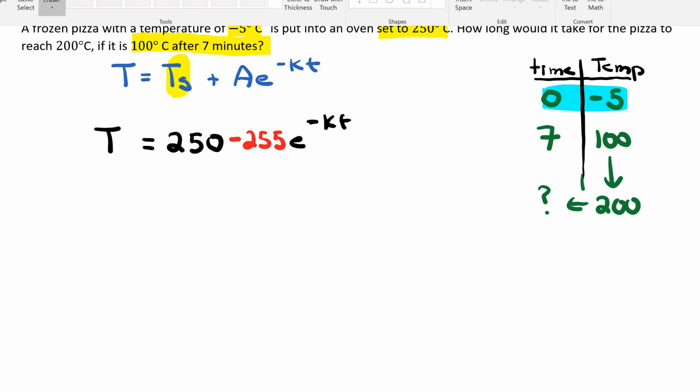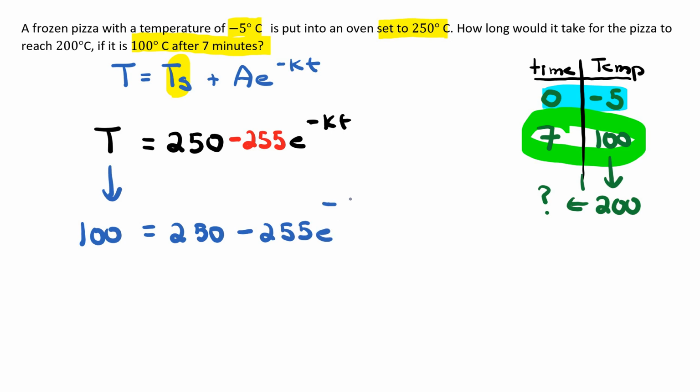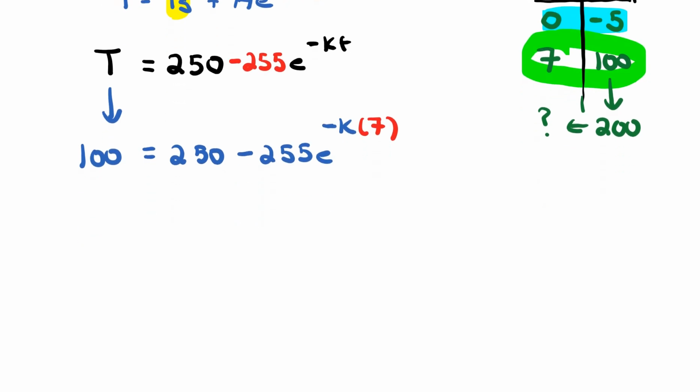Now I'll go back to my table and use this part of the problem. After 7 minutes, I have a temperature of 100 degrees Celsius. So this becomes 100 equals 250 minus 255 e to the power of -k, and my time now is going to be 7. Now I can subtract 250 from both sides. 100 minus 250 is going to be -150.